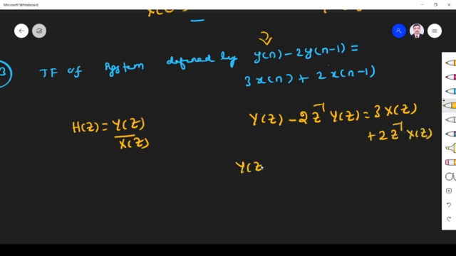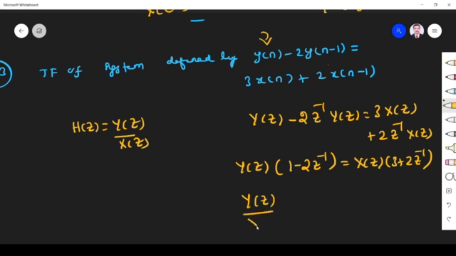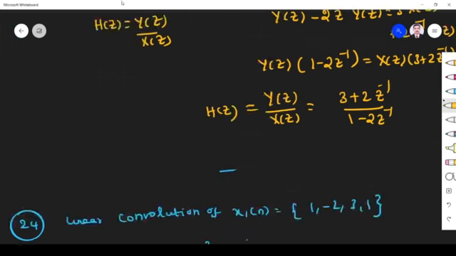So Y of z I take outside, 1 minus 2 z inverse, X of z I take outside, 3 plus 2 z inverse. So Y of z divided by X of z is equal to 3 plus 2 z inverse divided by 1 minus 2 z inverse. That's our transfer function, that's what they asked.